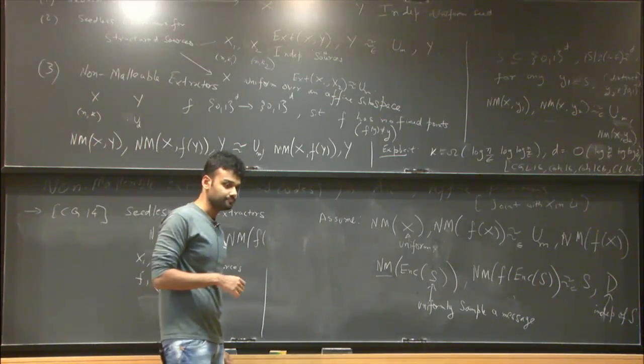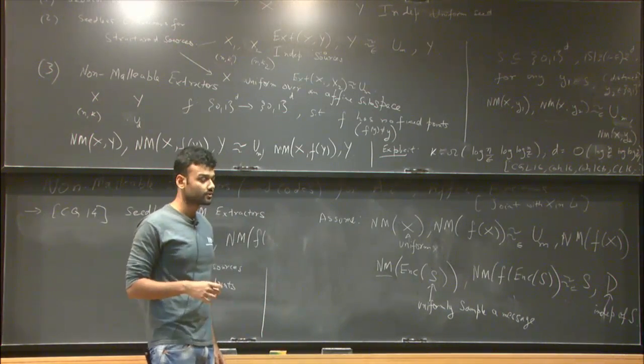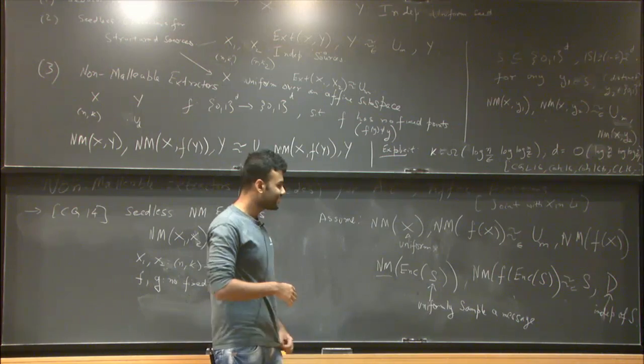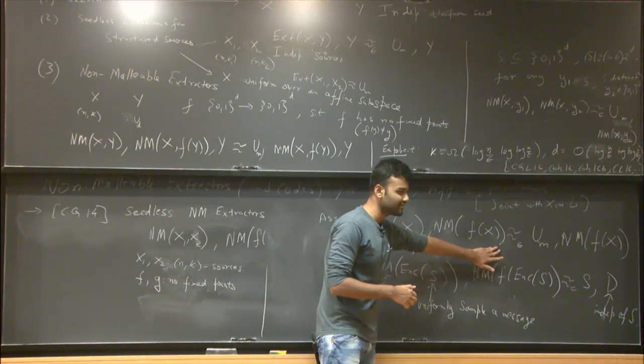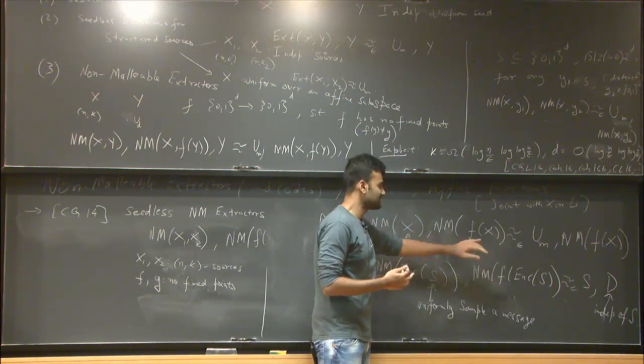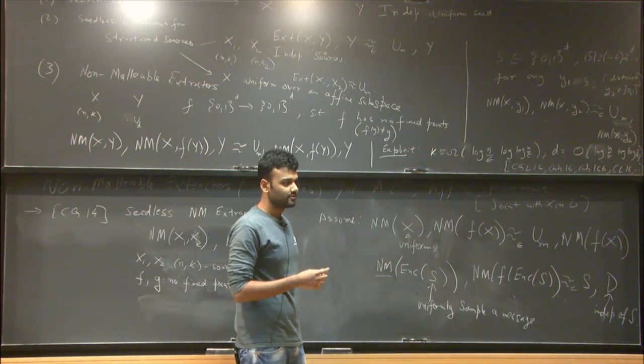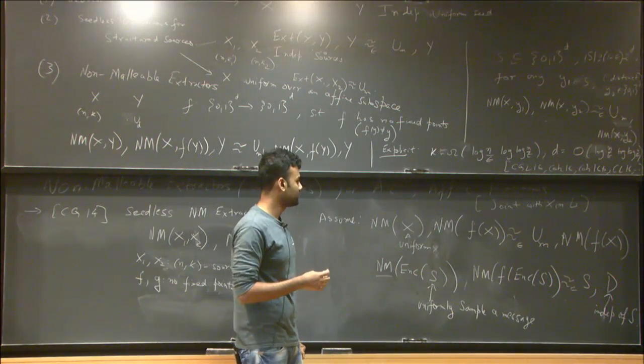How do you deal with fixed points? Assuming this statement is true is kind of saying that F does not have too many fixed points. To use this, you have to assume F has no fixed points.